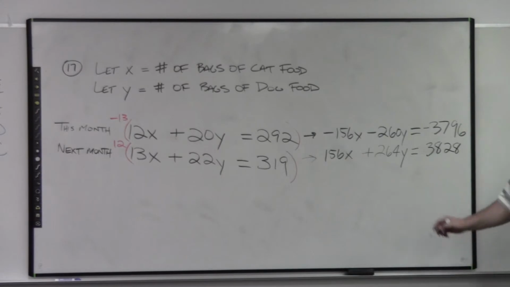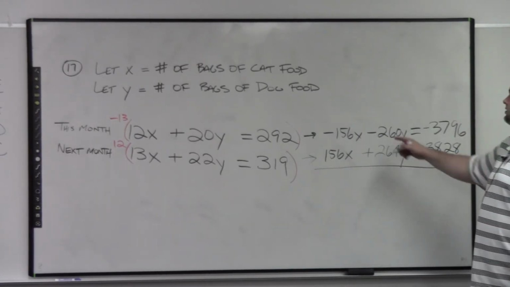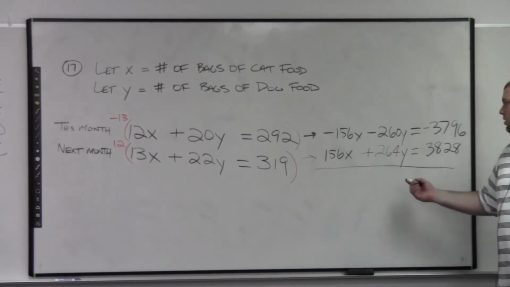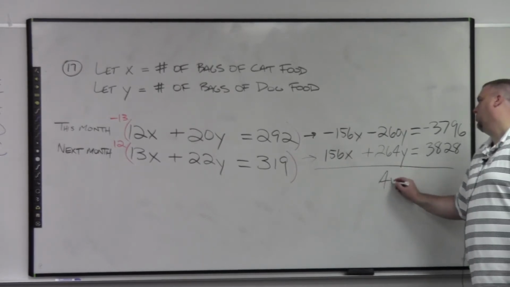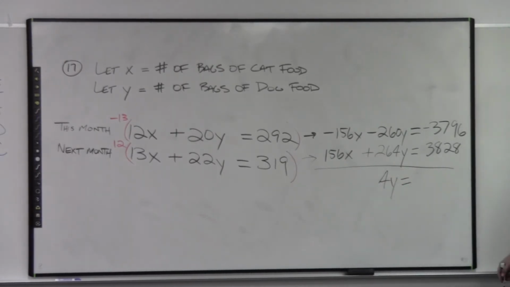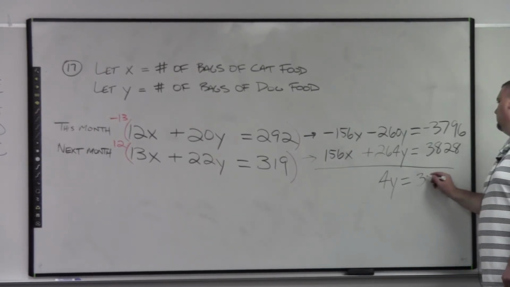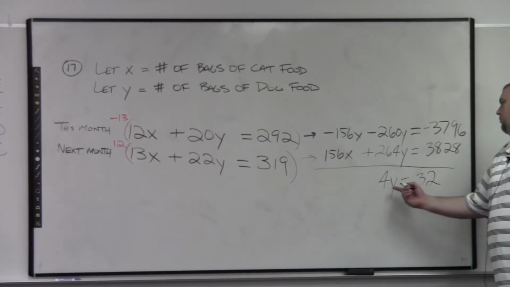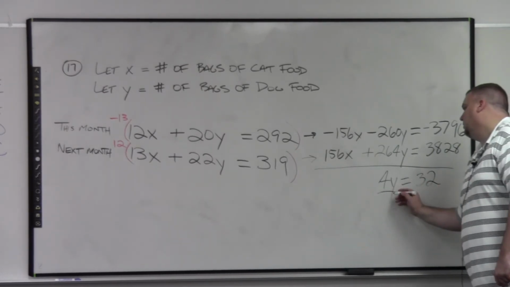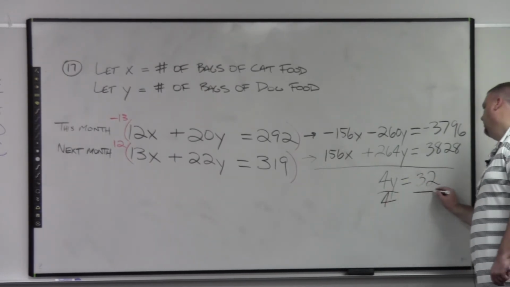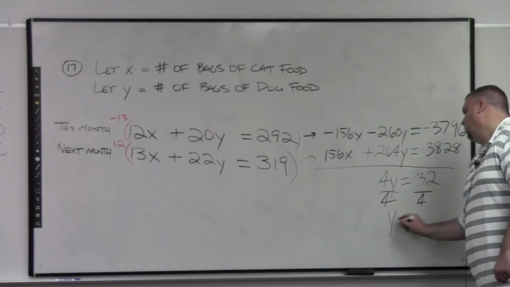Okay, our x's eliminate. Negative 260y plus 264y, that's correct, 4y. And then 32. So 4y equals 32. If we divide both sides by 4, y ends up being 8.